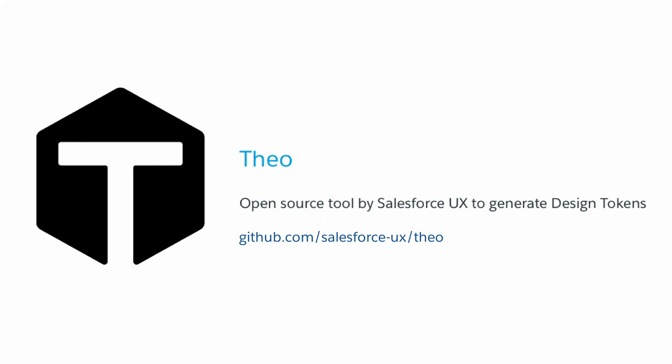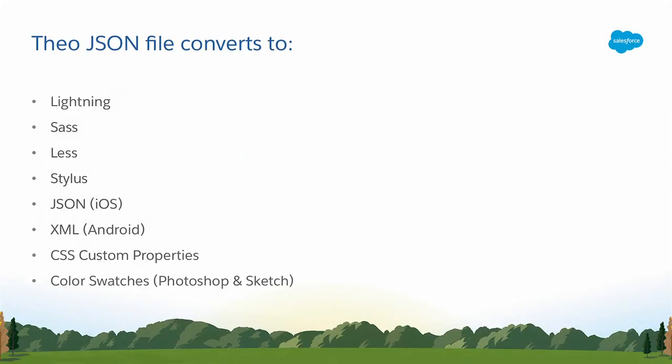So what Theo does is allow us to maintain a single source of truth, and then it gives us a bunch of output files that all of the platforms that we support understand. These outputs range from everything from Lightning, of course.